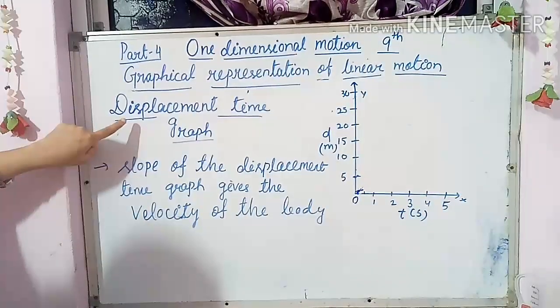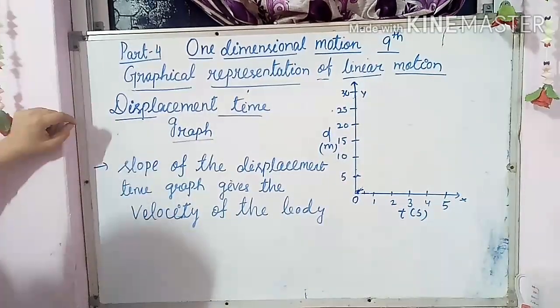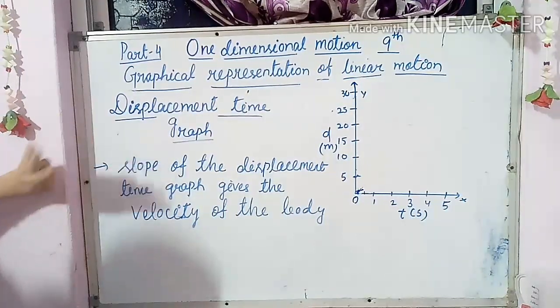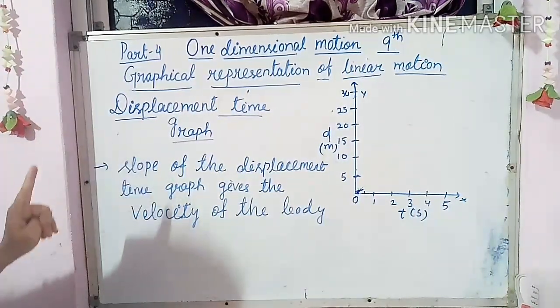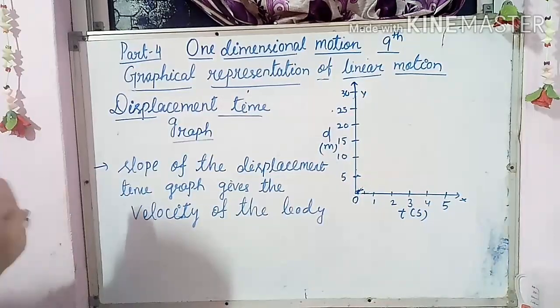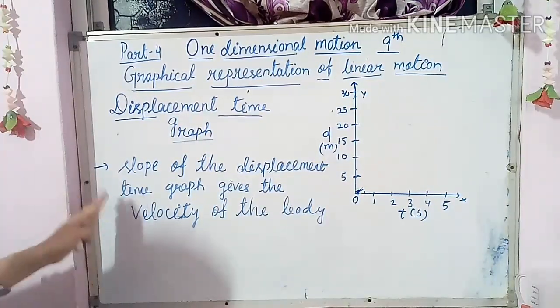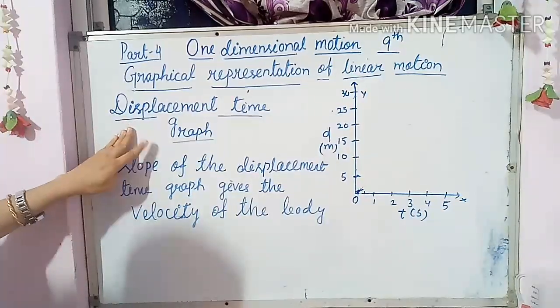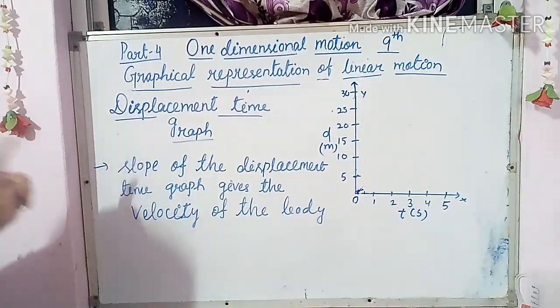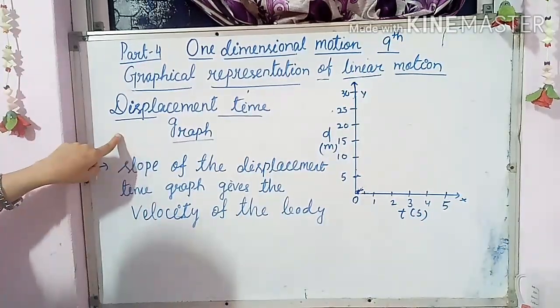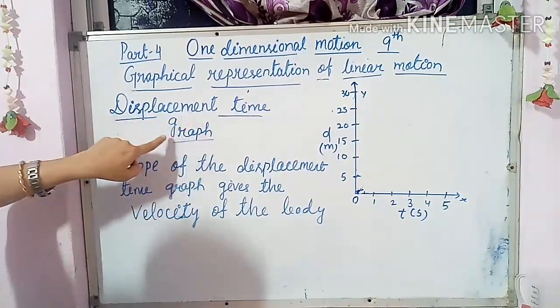Now children, let's go to the displacement time graph. As I have told, there is no difference between distance and displacement. Only one difference is there, that is direction. If direction is attached with magnitude, it turns into displacement. Like this, the distance time graph represents your speed, and if direction is attached, it turns into the displacement time graph.